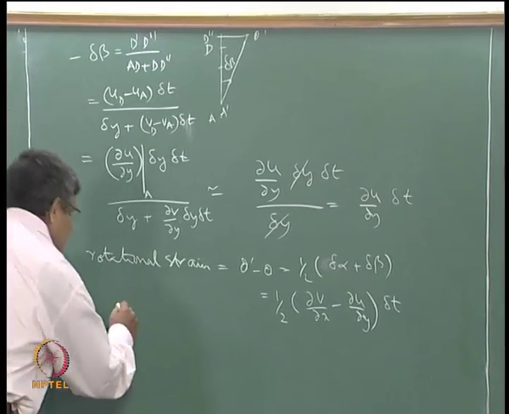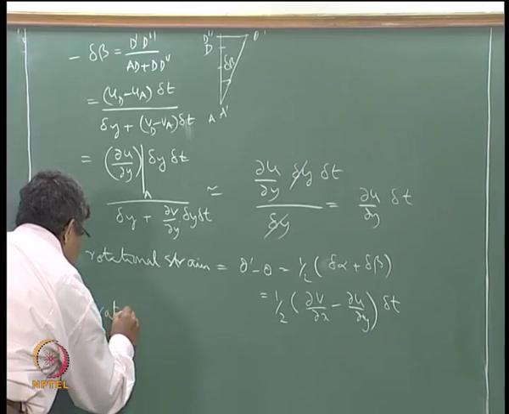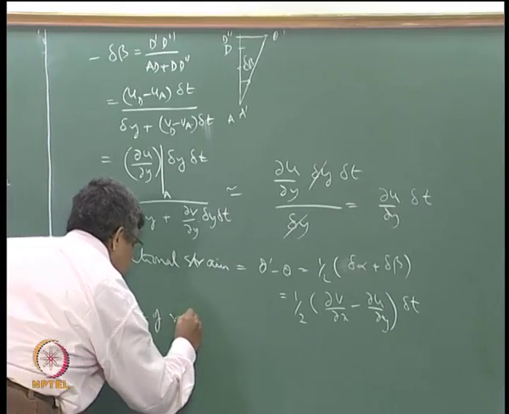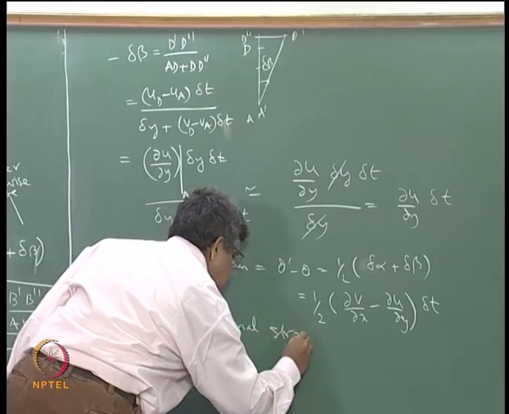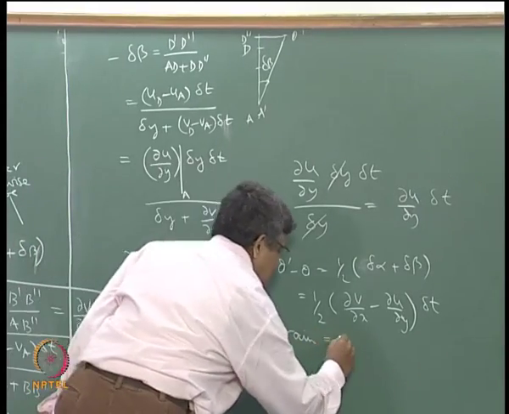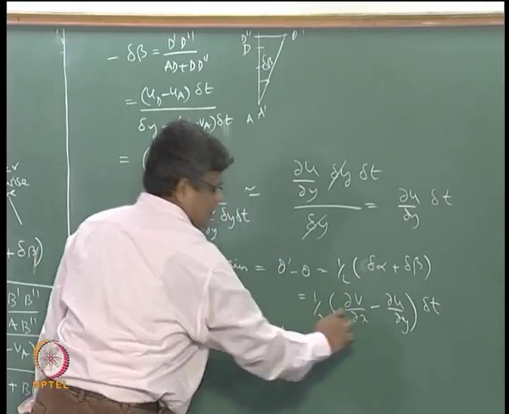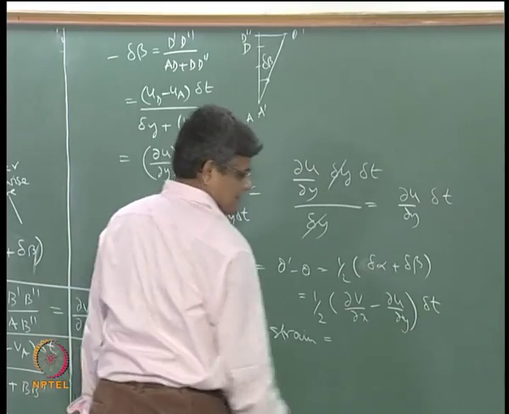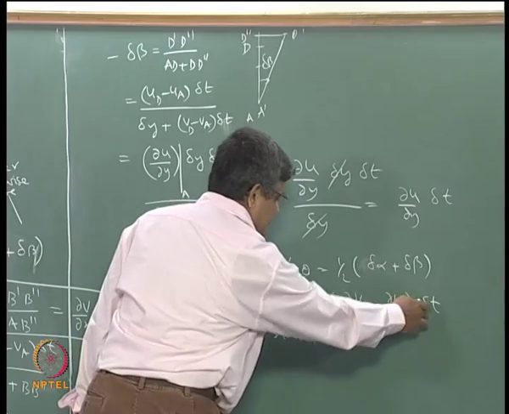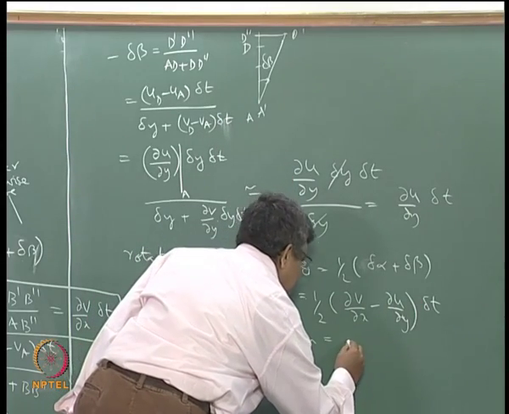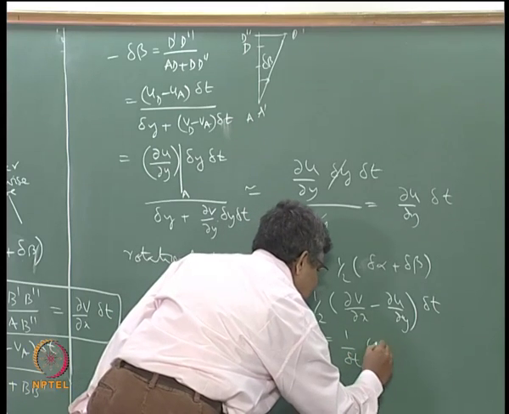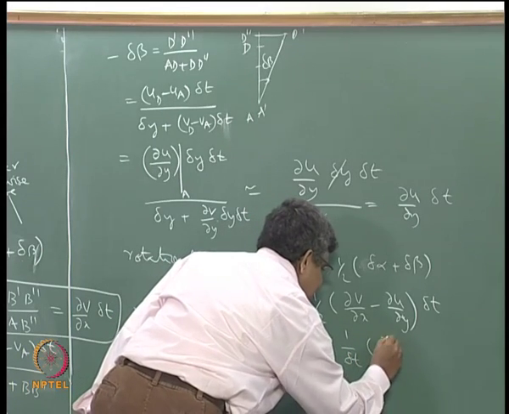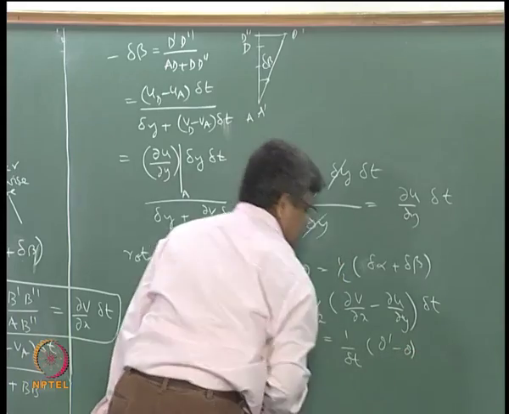So, this much strain has happened in a time of delta t. So, if we divide by delta t we get the rate of rotational strain, which is 1 by delta t of theta prime minus theta.